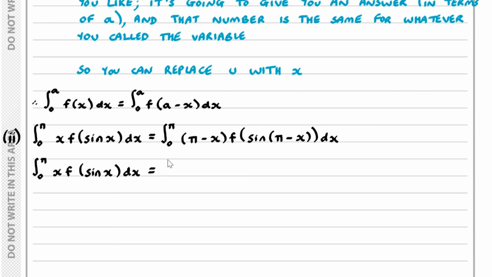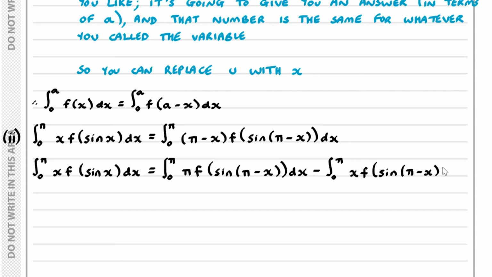This is equal to, now if I expand out, I've got the integral from 0 to pi of pi times by f of sine of pi minus x, and then we subtract the integral from 0 to pi of x times by f of sine of pi minus x dx.